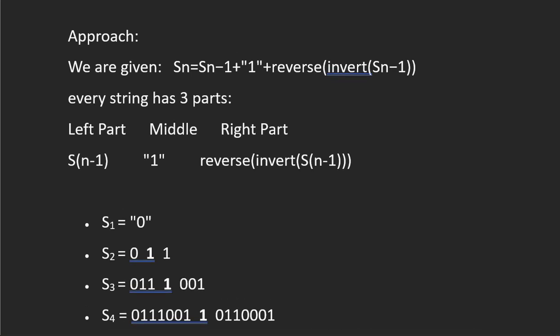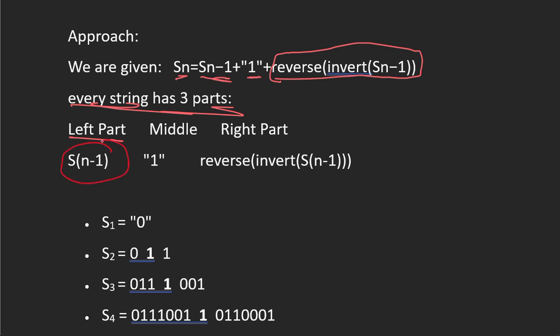What we are given is that Sn is made of S(n-1) plus concatenation 1 plus reverse and invert of S(n-1). So every string has three parts: the left part contains the previous string, the middle part contains character 1, and the right part contains the reverse and invert of S(n-1), meaning the previous string, right?